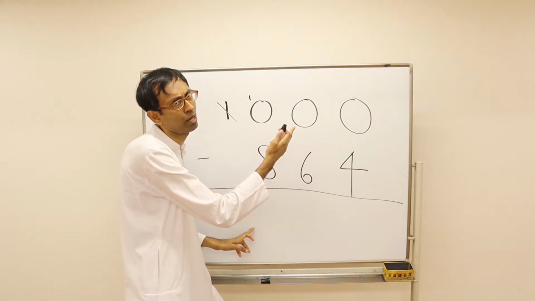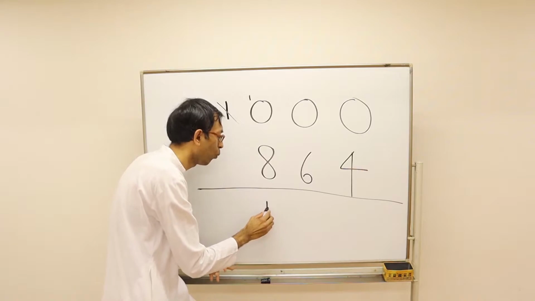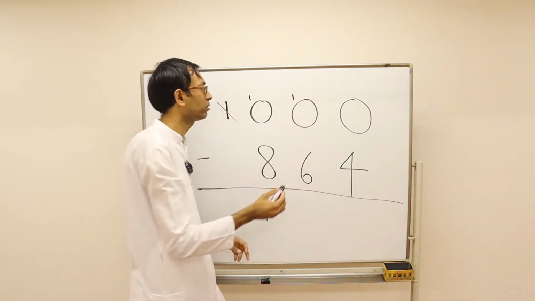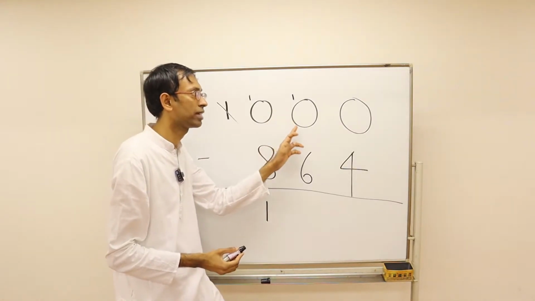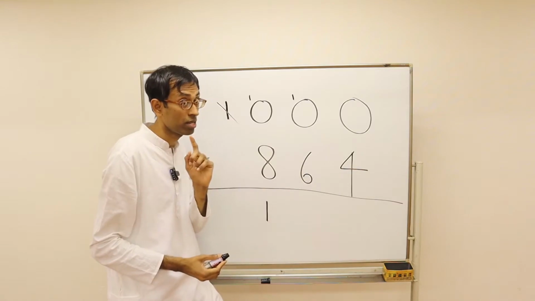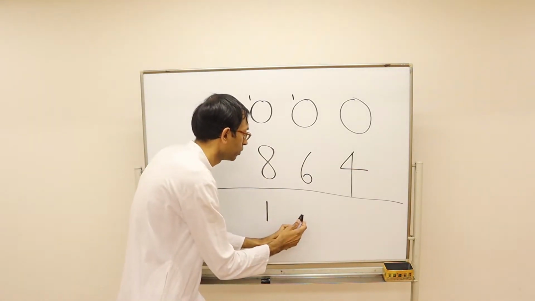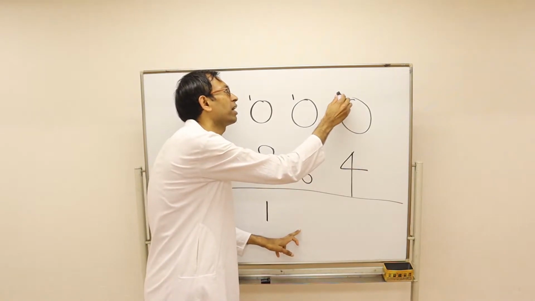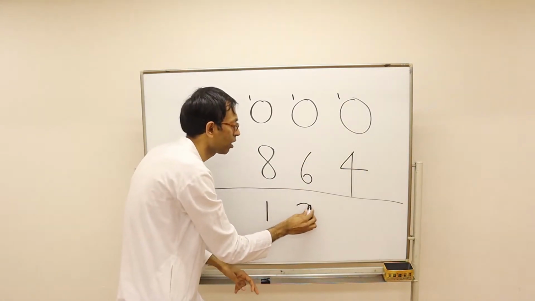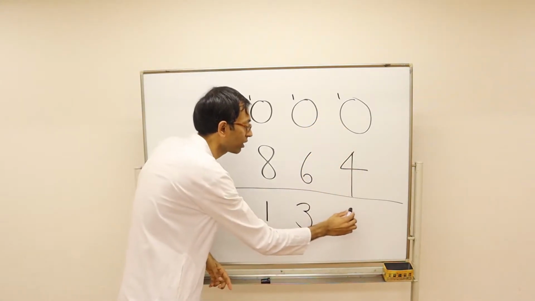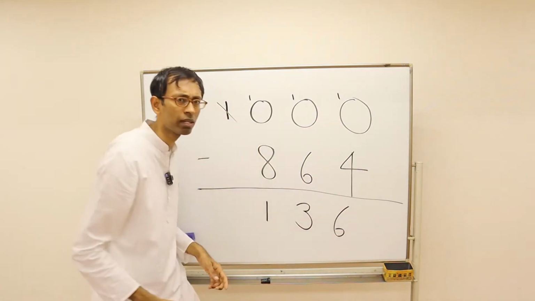This guy needs help, so we put a 1, and we gave away a 1 to this guy, so this becomes a 10. So 10 minus 6 is a 4. Before we put down a 4, we see this poor guy needs help, so we give away a 1 and we put down a 3. And finally 10 minus 4 is a 6.